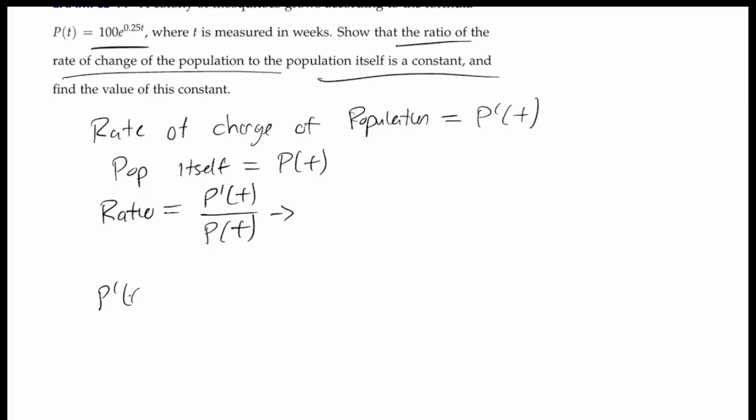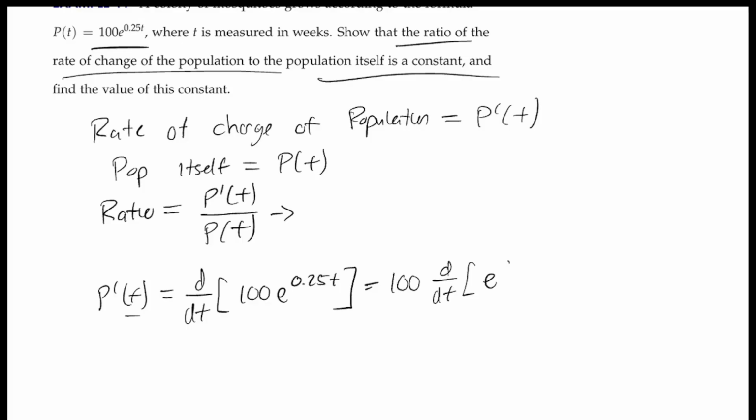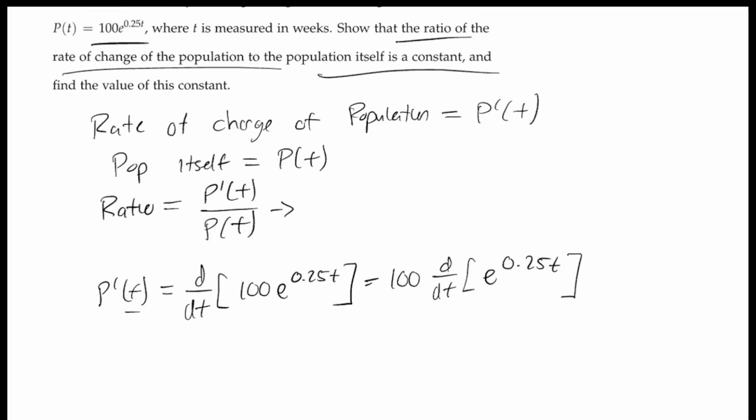P prime of t is the derivative with respect to t, we're using t, not x, of 100 e to the 0.25t. This is a constant multiple rule, so we'll pull that out of the derivative here. And so I have e to the 0.25t, and I know how to take that derivative, right?